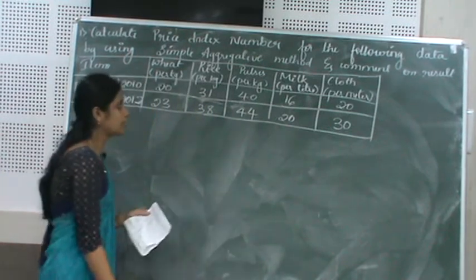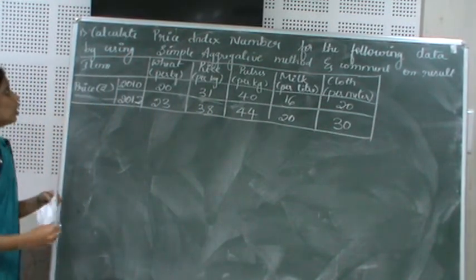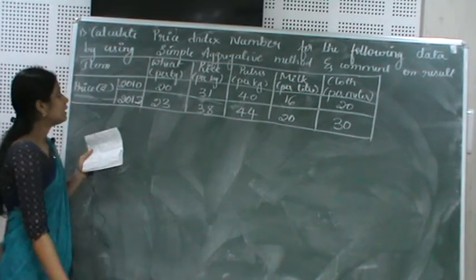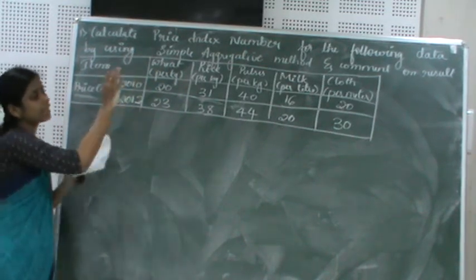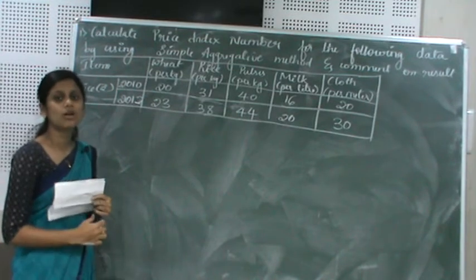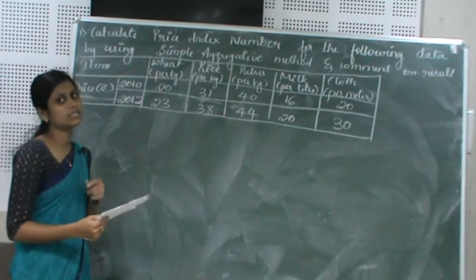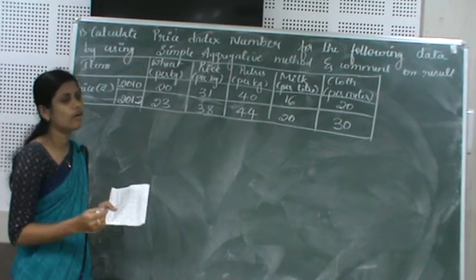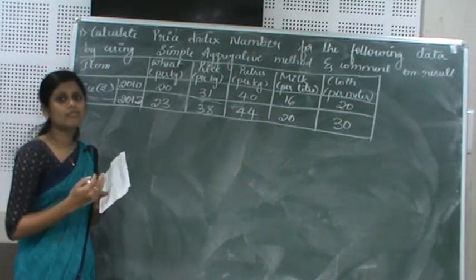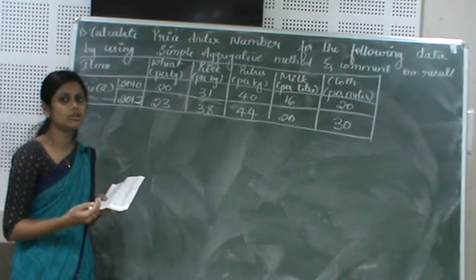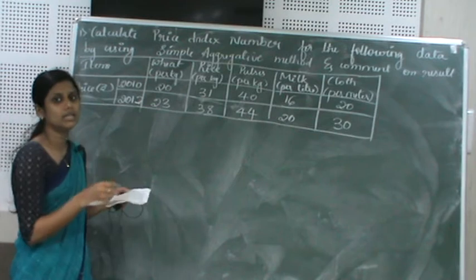So this is the information given to you, and you are asked to calculate the price index number for the data using simple aggregative method. The formula is P01 is equal to summation P1 divided by summation P0 into 100. And we have to comment on the result.